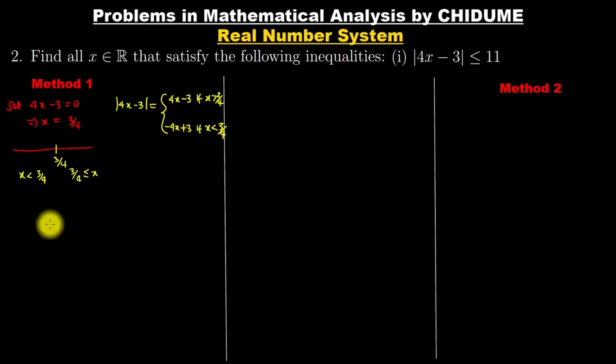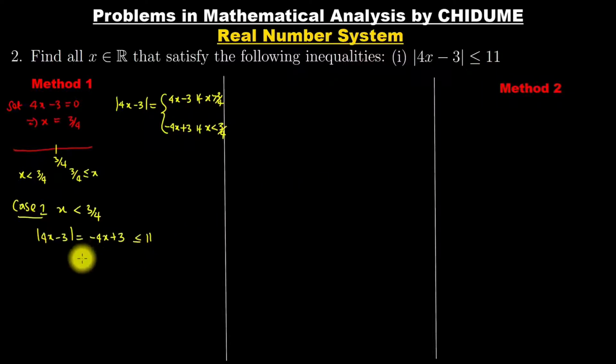Now I'm going to solve this inequality in these two different sections. The first case is when my x is strictly less than 3 over 4. What happens to the absolute value of 4x minus 3? It becomes negative of 4x plus 3, which is less than or equal to 11.